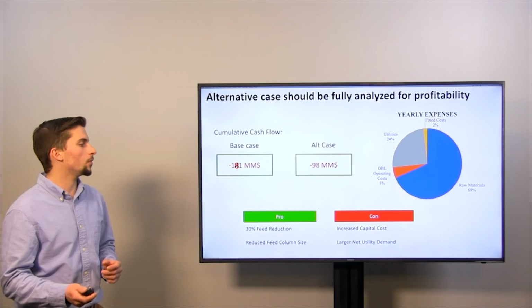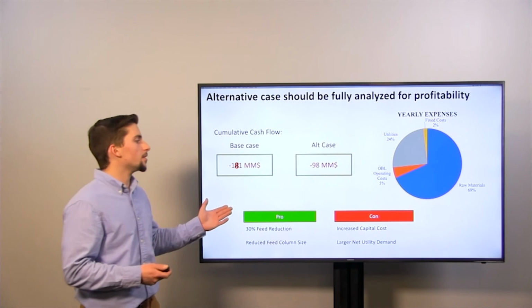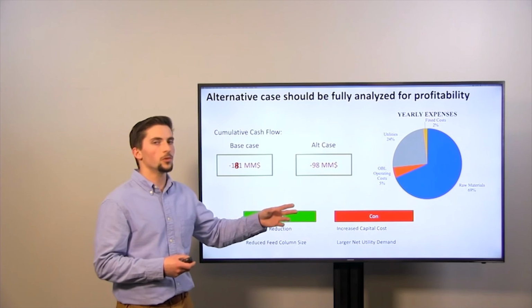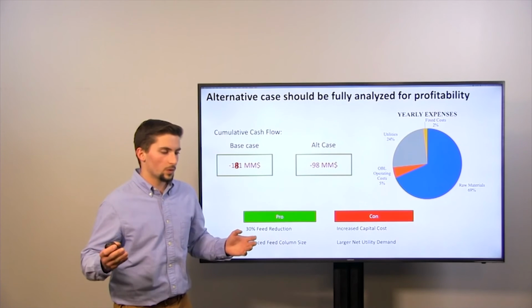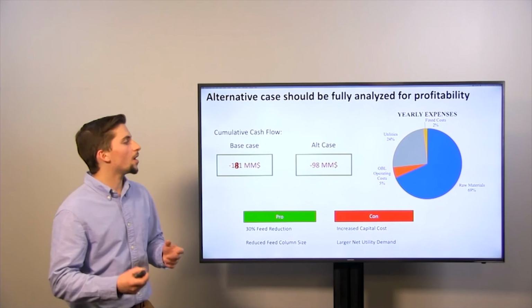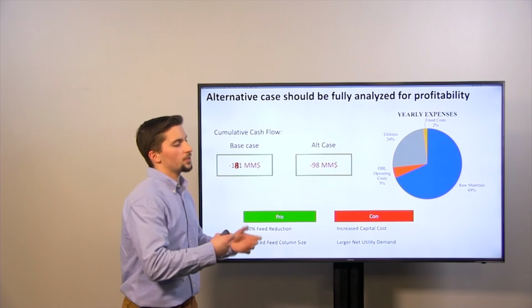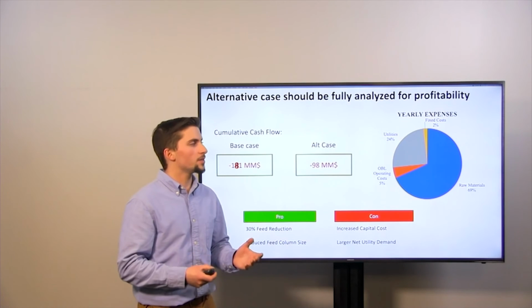However, this design was not as promising as initially thought because the increased capital costs from 2 new columns, as well as the large amount of utility duty required for those condensers and reboilers, offset the reduction in size and reflux ratio that the original units were able to do in this design.